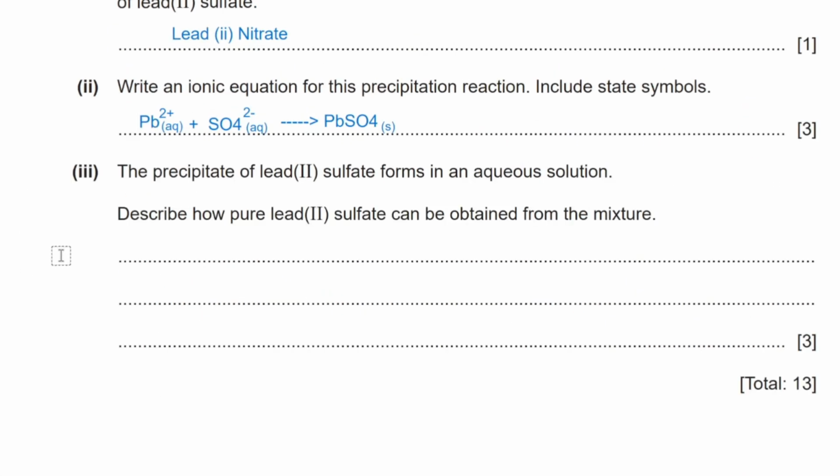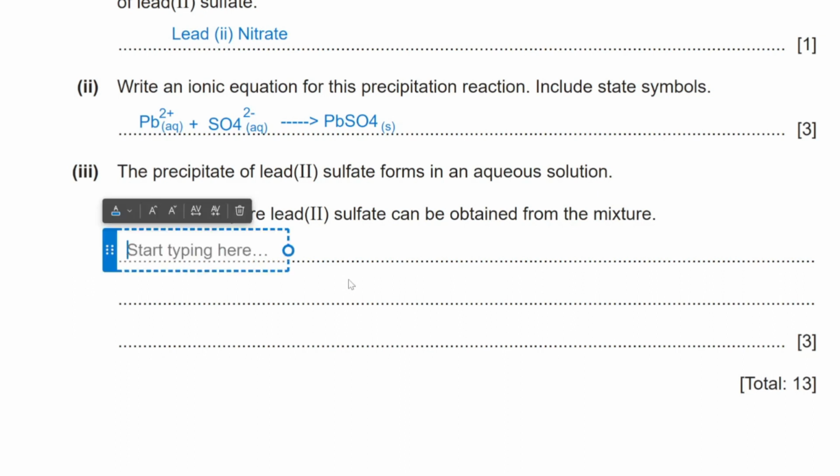Part 3. The precipitate lead(II) sulfate forms in an aqueous solution. Describe how pure lead(II) sulfate can be obtained from the mixture. So now we have to write the description of the process here.